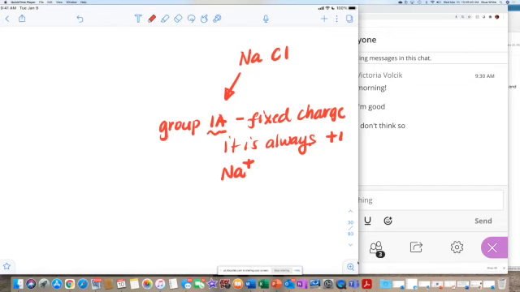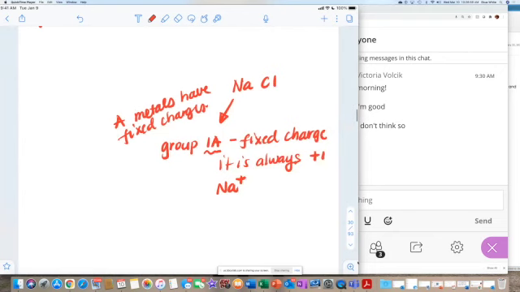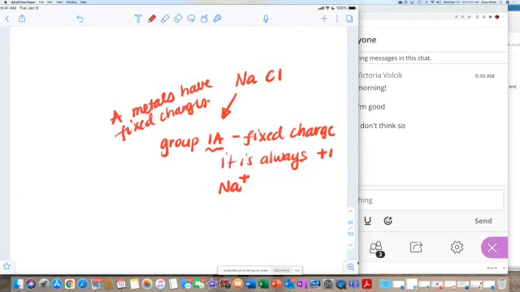Remember, the A metals have fixed charges. So just in case, A metals have fixed charges. Okay, now we're trying to name it. What has all of this got to do with its name? Because it has a fixed charge, imagine you're on the phone talking to somebody saying, hey, can you get me 500 grams of sodium chloride? Oh, okay.